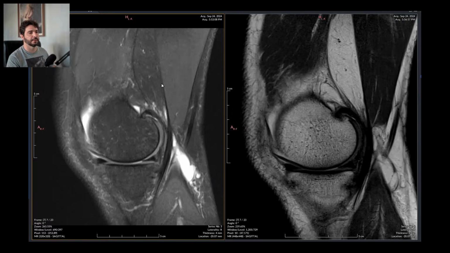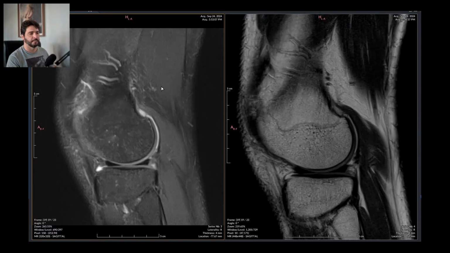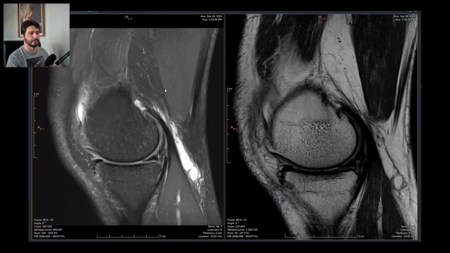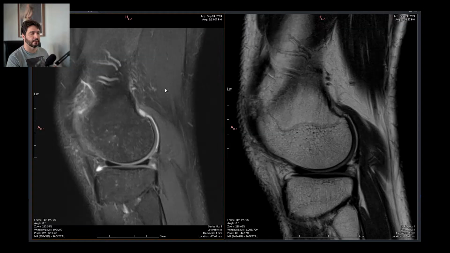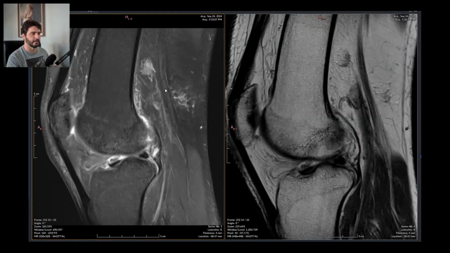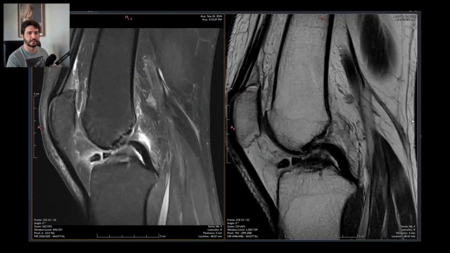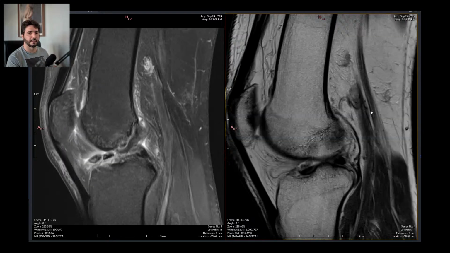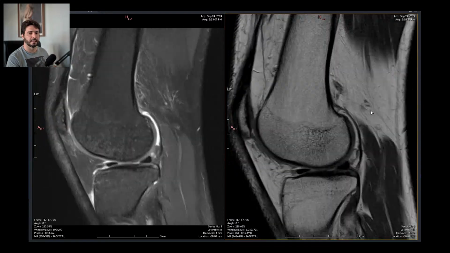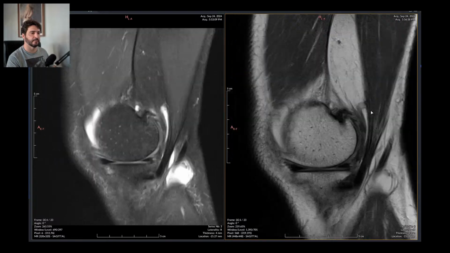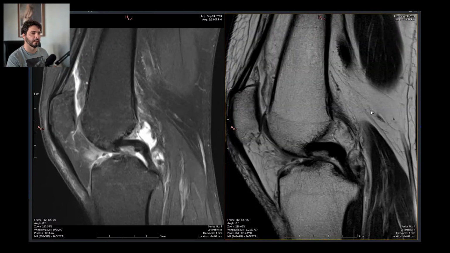And on each sequence and plane, I tend to see particular lesions and presentations of diseases. So I'm just going to go through all that I can see on these images as I roll the images so you guys can tag along.